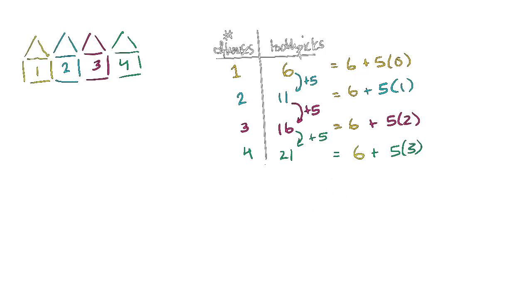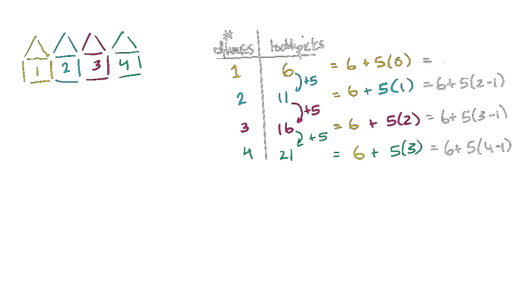So you might see a little pattern here. However many houses you needed, you take one less than that, multiply it by 5, add that to 6, and you get the number of toothpicks. And actually, let me rewrite this. So I could rewrite this as 6 plus 5 times 4 minus 1. I could write this as 6 plus 5 times 3 minus 1. You could write this as 6 plus 5 times 2 minus 1.